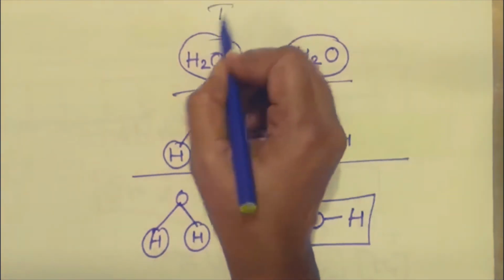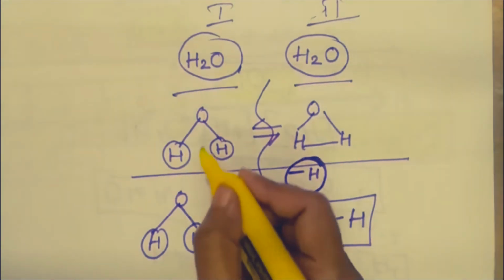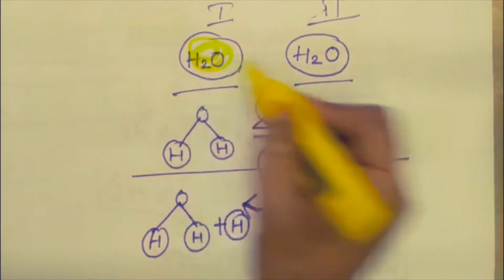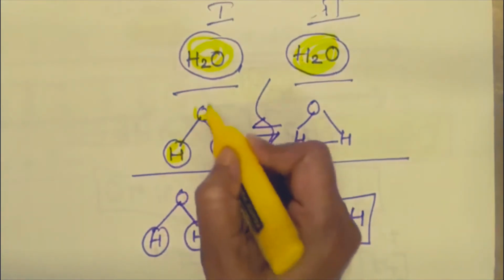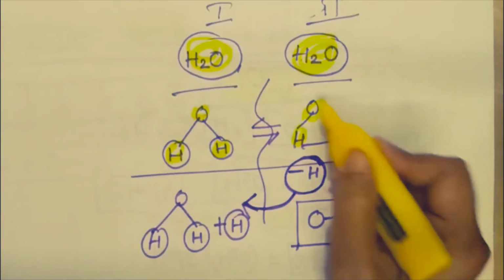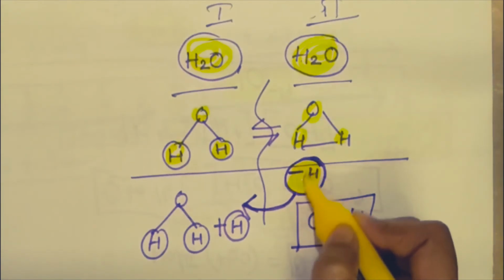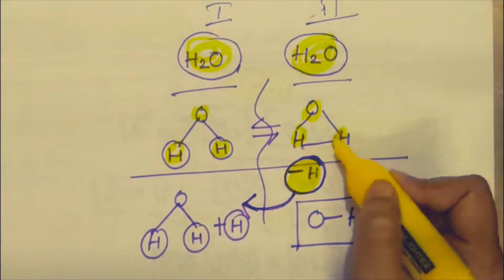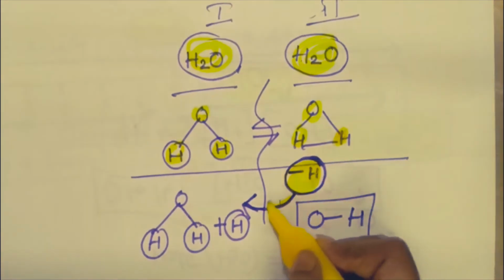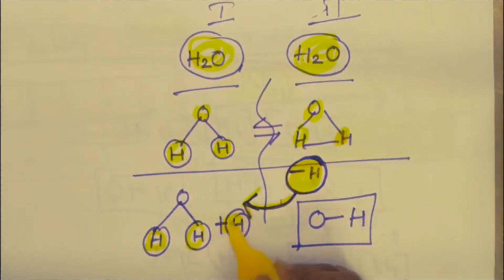There are two molecules of water. This is H2O, and this is also a molecule of H2O, that is 2H and O. One H atom is released from one water molecule and added here. What will be the result?